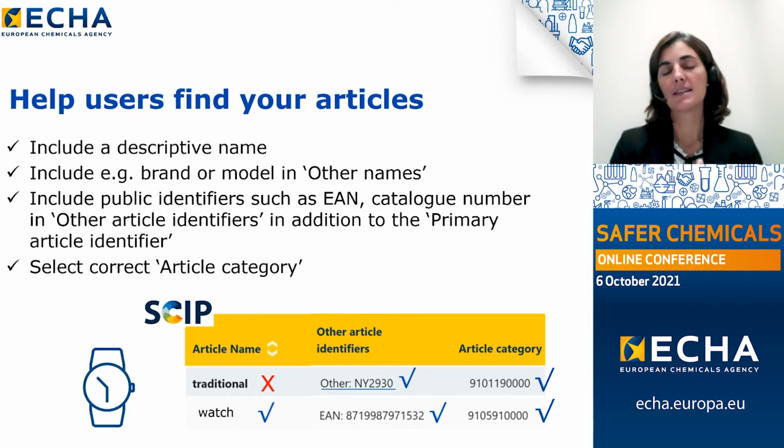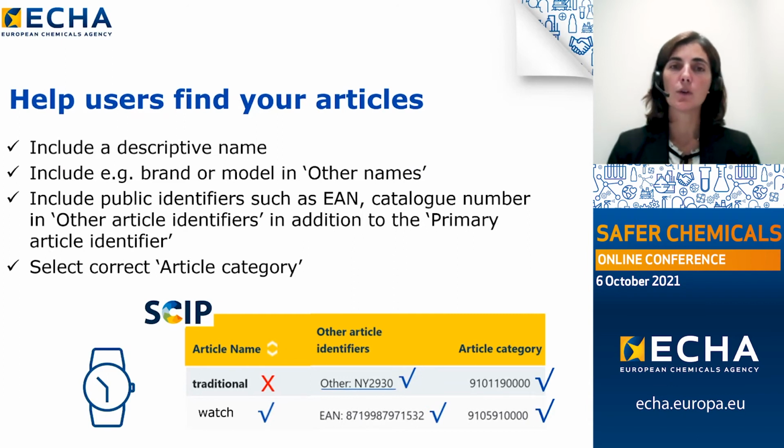These are 2 notifications for a watch, and one of them as article name includes "traditional", which is not really helping consumers to understand what is under this SCIP notification. Please remember that you have different fields to include information about brand and model that can support the users of the data to uniquely identify the article.